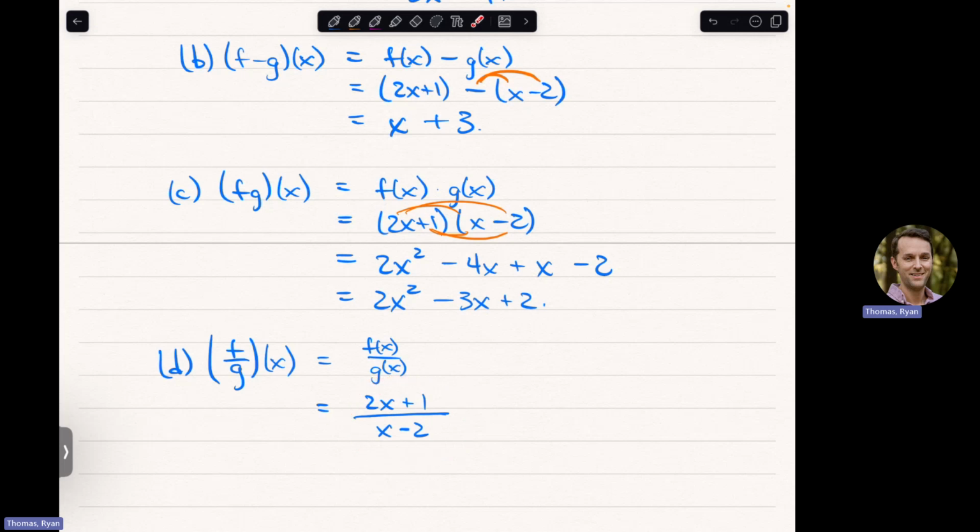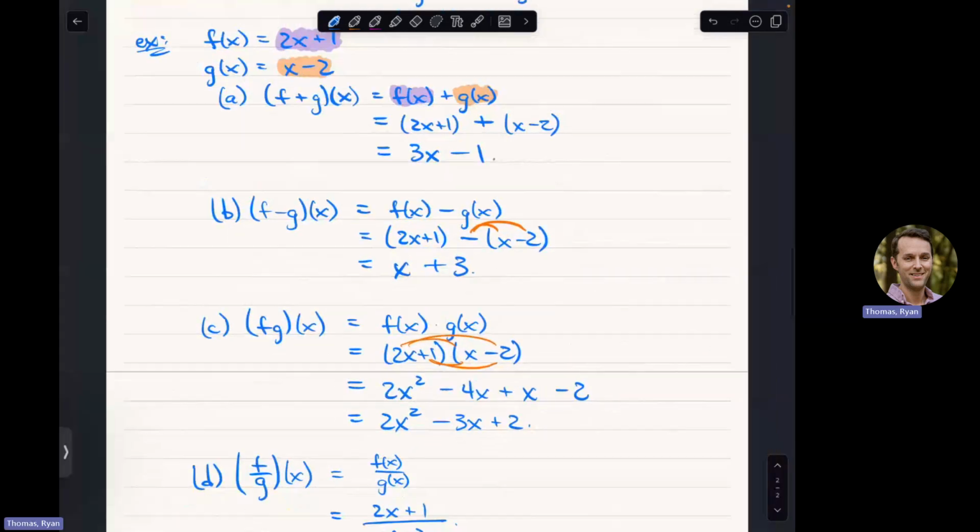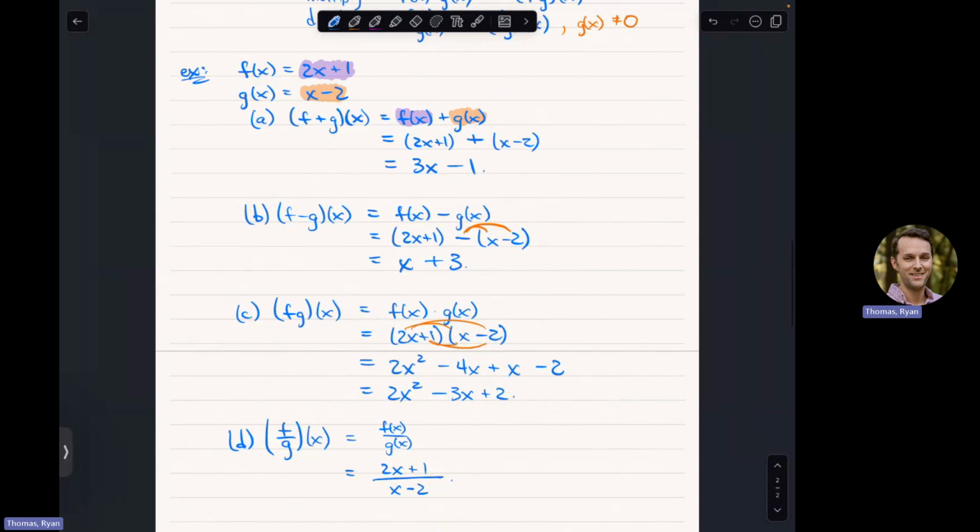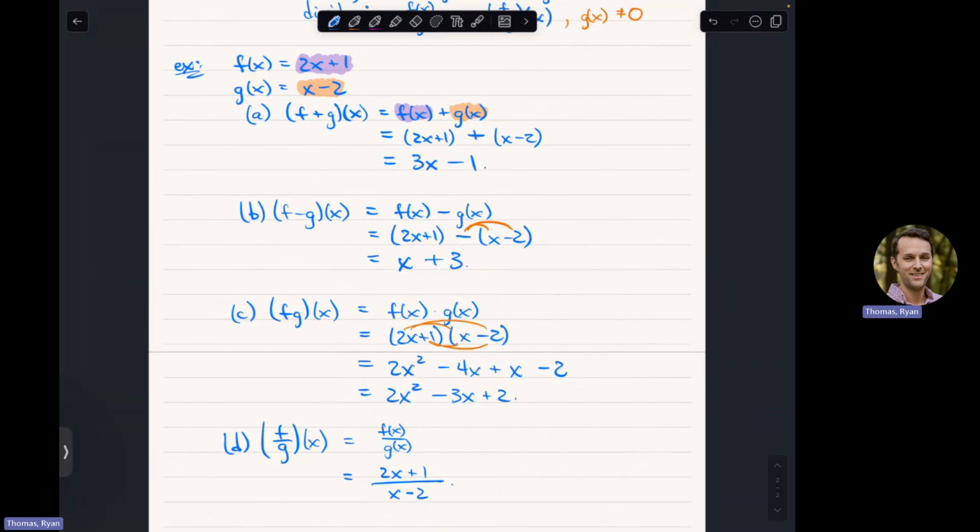Later in the semester, we'll talk about how you do polynomial division and what we could maybe do here to rewrite this. We don't have those tools yet, so that's what that is. Okay, so that's the arithmetic: add, subtract, multiply, divide combinations of those two functions f and g.